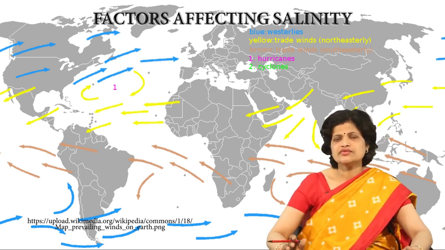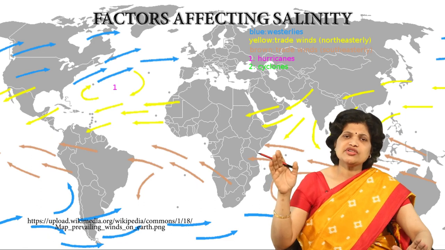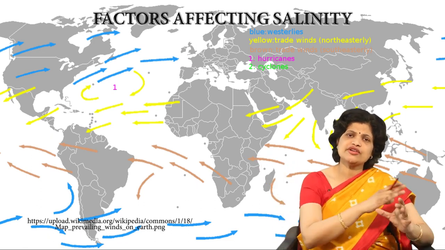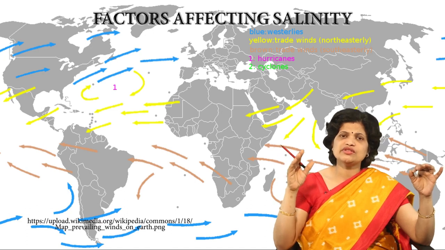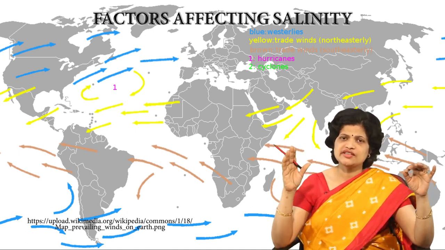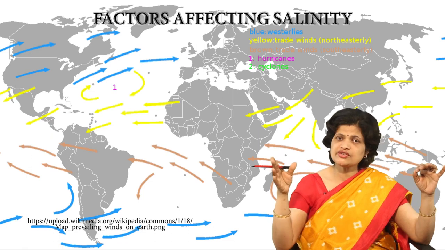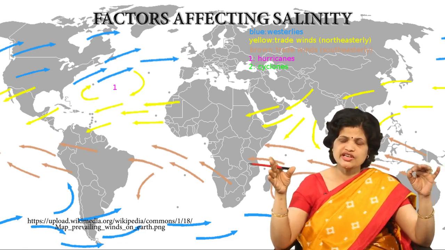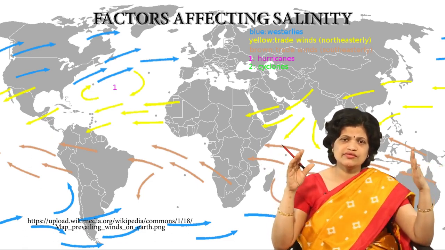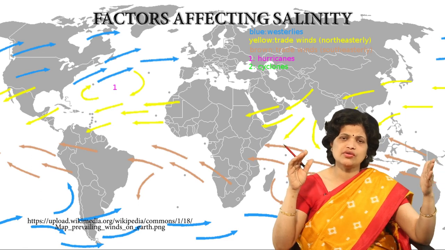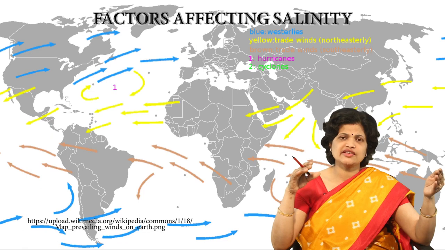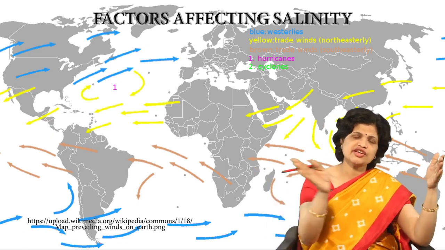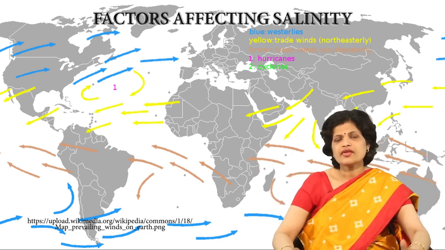So they are responsible for piling up of water in the western side of the oceans, and so there is a decrease of salinity in the eastern side or the western coast of the continental areas, and the western margins of the oceans show an increase in salinity because the wind direction is towards them.